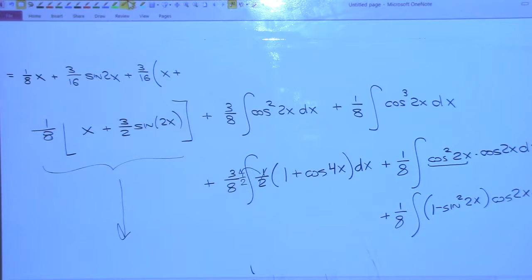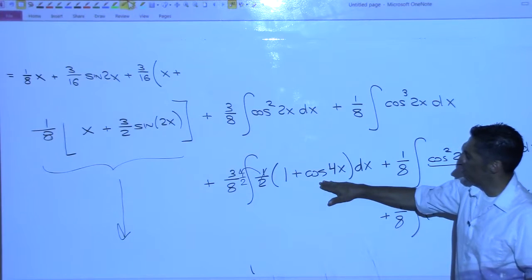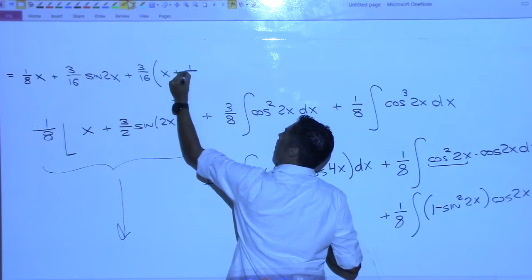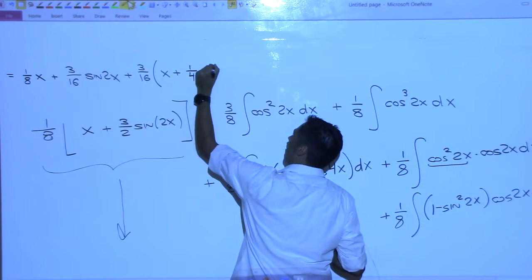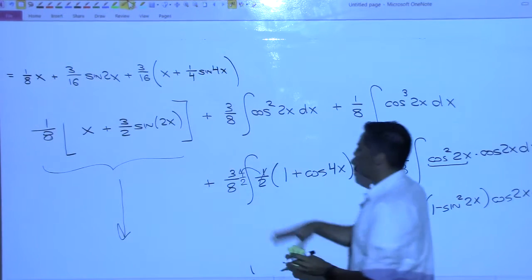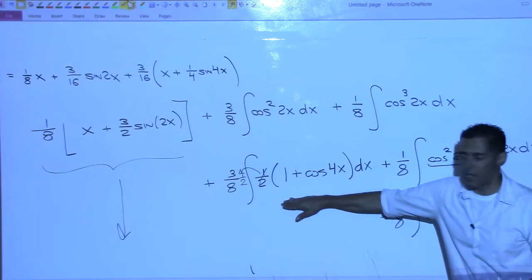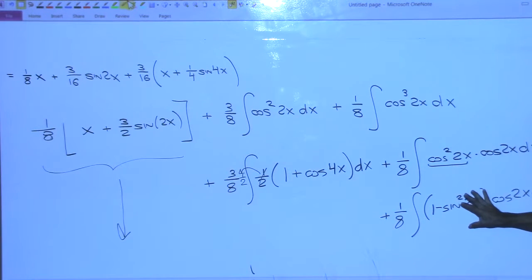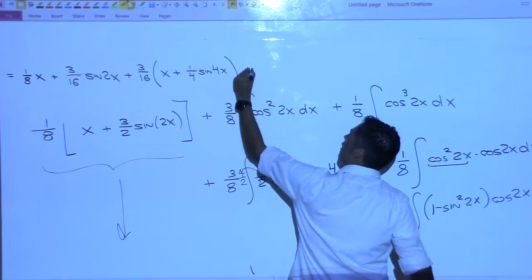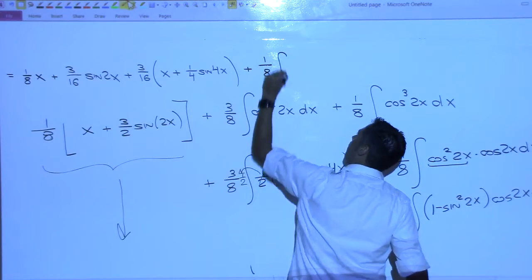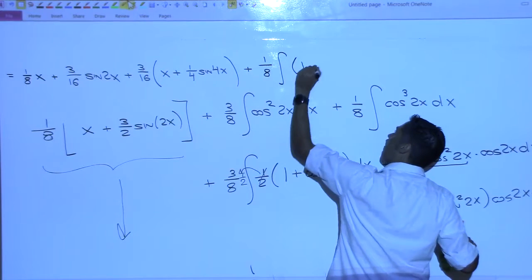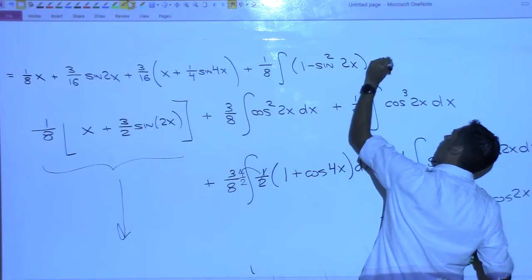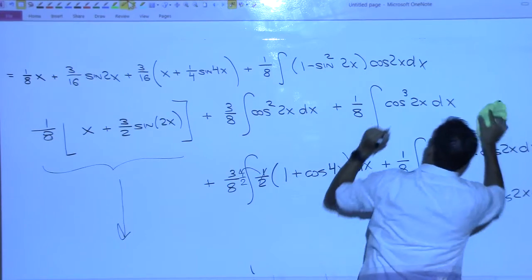Antiderivative cosine 4x, right, that's where we are? 1/4 sine of 4x, okay? So now we've taken care of this one, right? We still need to work on this one, so I'm just going to leave this as an integral. All right, that's where we are.